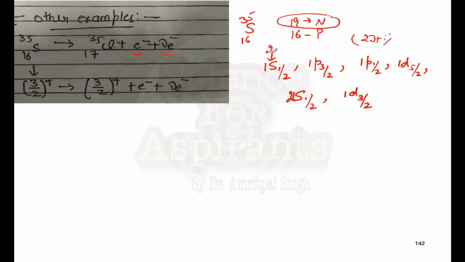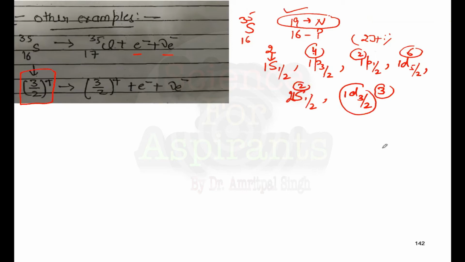So 2 nucleons will be in this, 4 in this, again 2 in this, 6 in this, 2 in this. So we have 19. We can count 2 plus 4 is 6, plus 2 is 8, 8 plus 6 is 14, 14 plus 2 is 16, and the last will lie in this 1d3 by 2. So sulfur-35 has 3 by 2 plus ground state spin and parity.